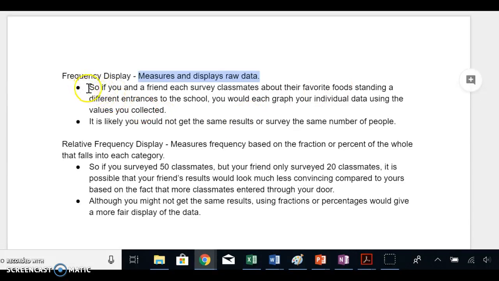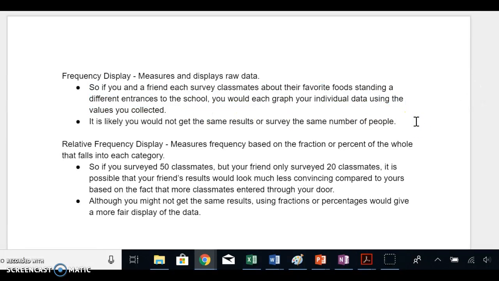If you and a friend each survey classmates about their favorite food, standing at different entrances to the school, you would each graph your individual data using the values that you collected. It's likely, though, that you would not get the same results or that you wouldn't survey the same number of people.